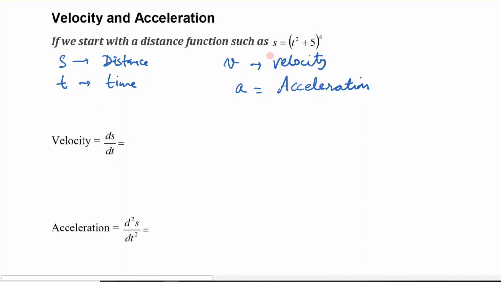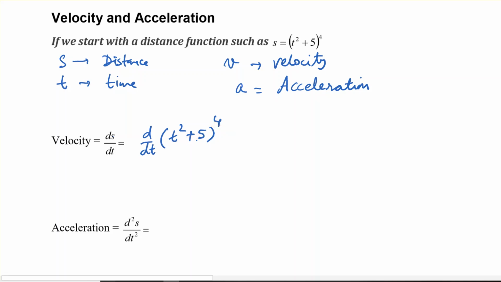So in this case, if you want to find the velocity, that would be the derivative of our distance function, t square plus 5 raised to power 4. Here we have the inside function t square plus 5, and the outside function, which is our power function.